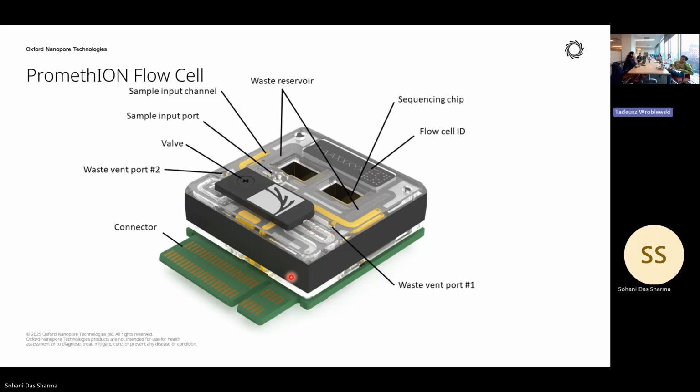For that, we need a really long N50. So there is no fragmentation. You have to handle the sample in a really gentle way so that there is no shearing of the DNA, so that you can achieve, let's say, 100 kb or more in length.